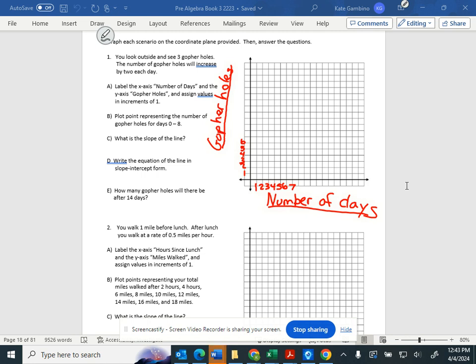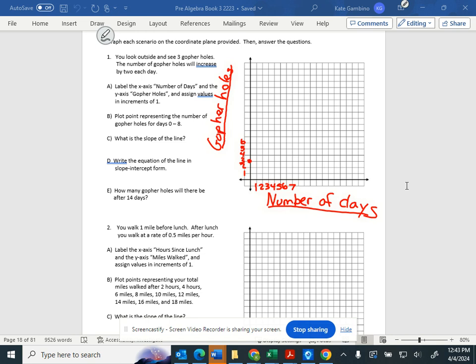Plot the point representing the number of gopher holes for days 0 to 8. How many gopher holes did we have on day 0? 3. Say that again, Grayson? 3, because we looked outside and there were 3 gopher holes. So we started off with 3 holes already.